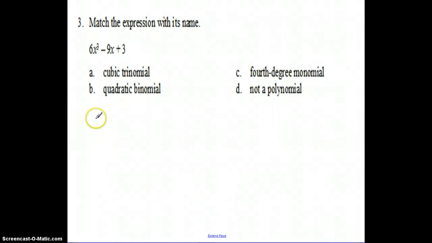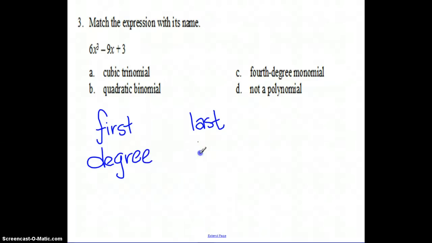Now this one says match it with its name. So 6x cubed minus 9x plus 3. Remember we talked about naming. Naming kind of has a first name and a last name. First name has to do with the degree. Last name has to do with the number of terms.